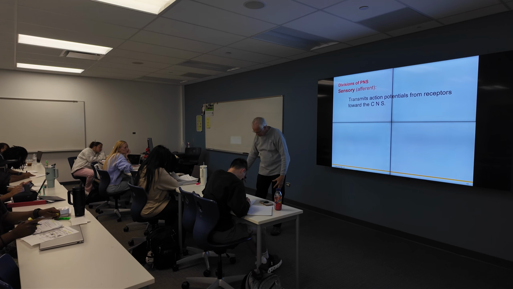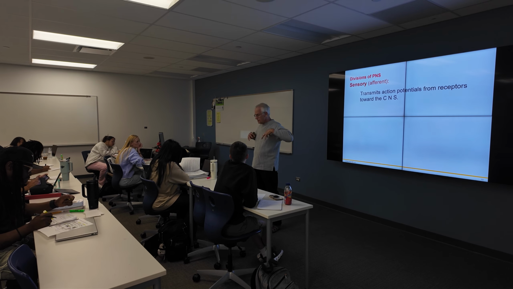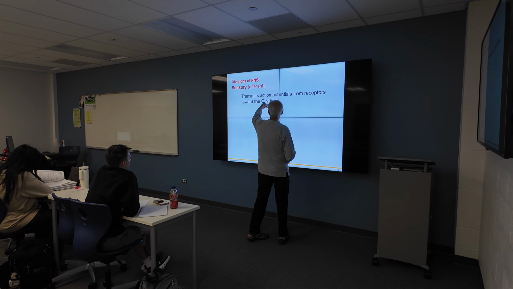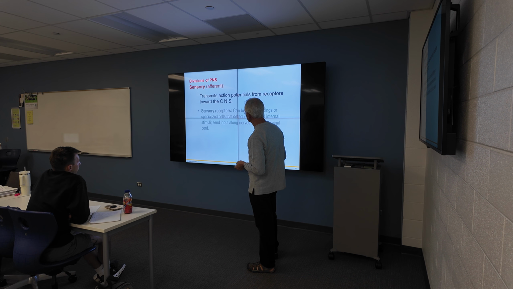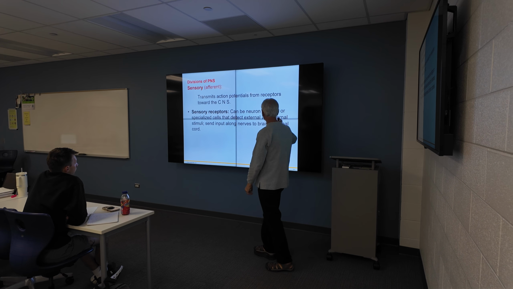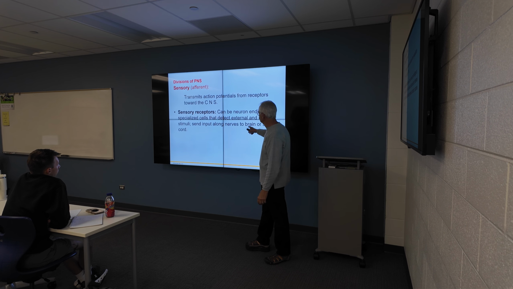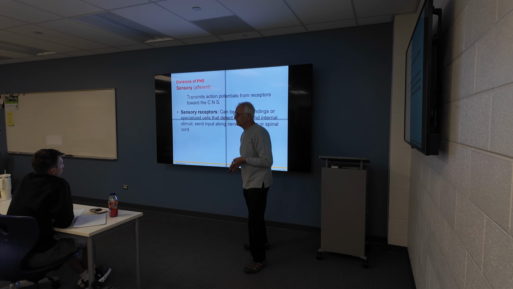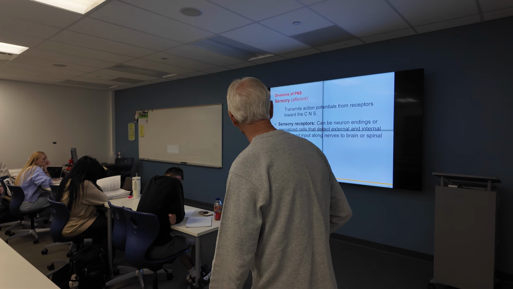But generally speaking, coming from the great toes all the way up the body, it's going this direction. It's coming up, always toward the central nervous system with our sensory input, our afferent. The sensory receptors can be neuron endings or specialized cells, sending impulses along nerves. Where are they going to go? To the brain or the spinal cord, and usually by way of the spinal cord to the brain.